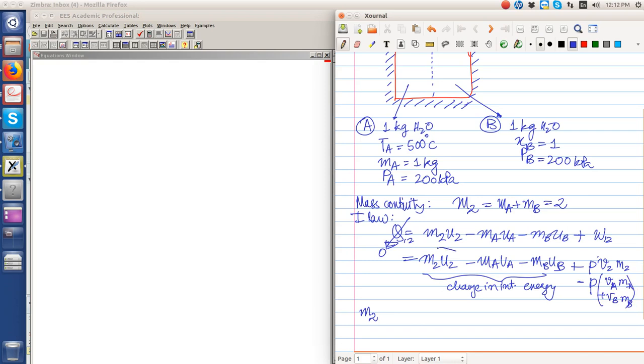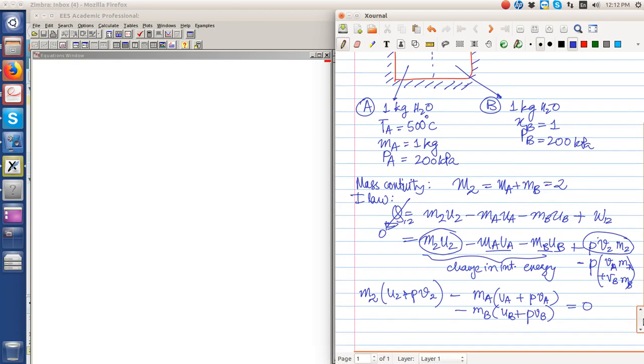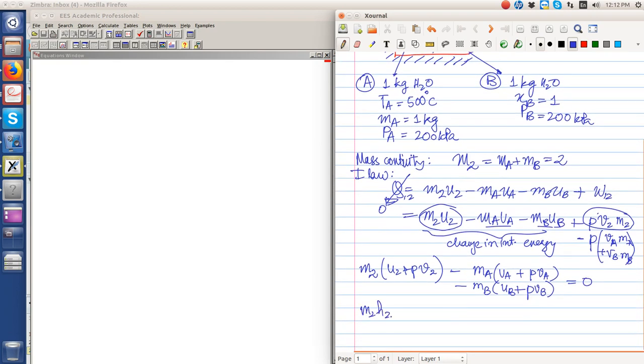If we recast M2U2 and P V2 M2, it is equal to M2 U2 plus P V2, minus, collecting these terms, MA UA plus PVA minus MB UB plus PVB. This is equal to 0. So M2 H2 is equal to MA HA plus MB HB.